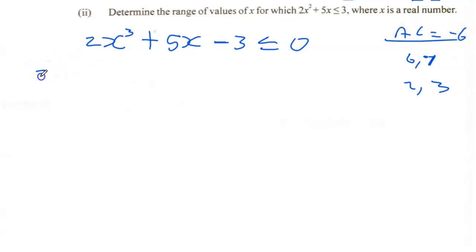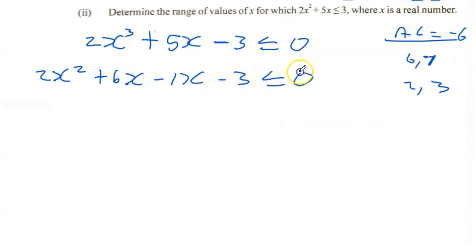So we're going to rewrite the middle term as positive 6x minus x, minus 3 less than or equal to 0. And then we factor by groups. Factorize the first pair. We end up with the common factor here, that's 2x.